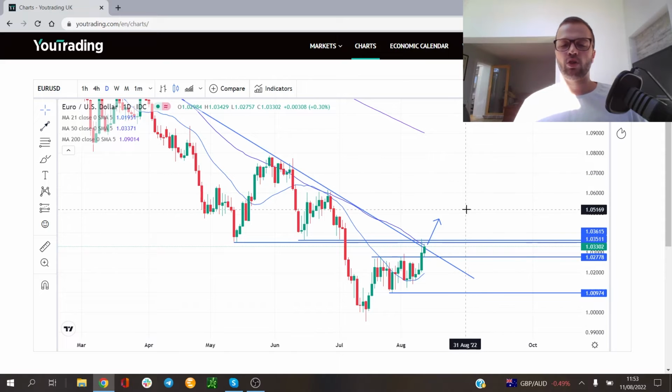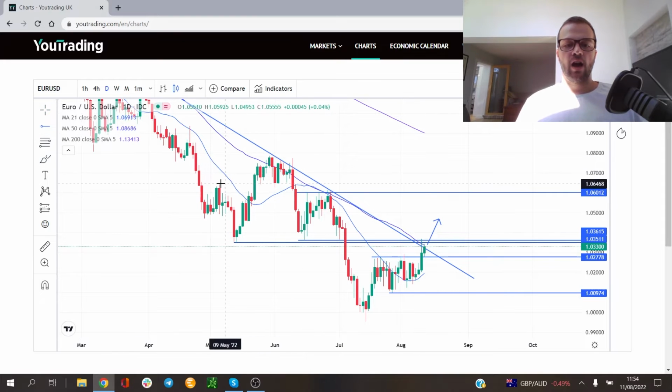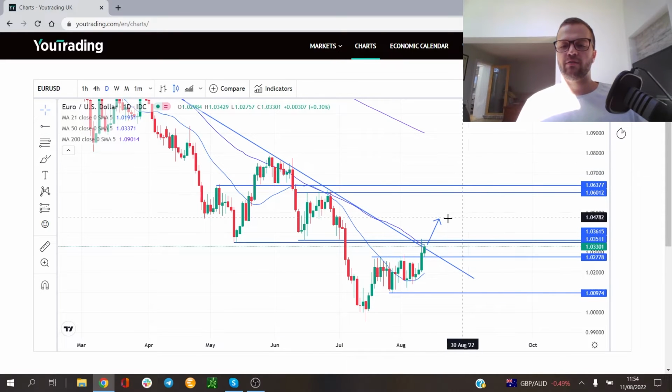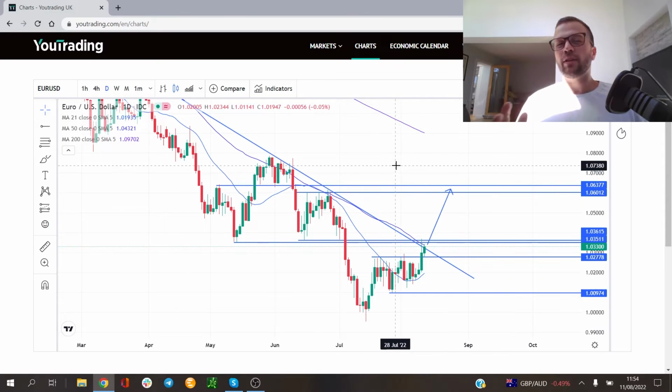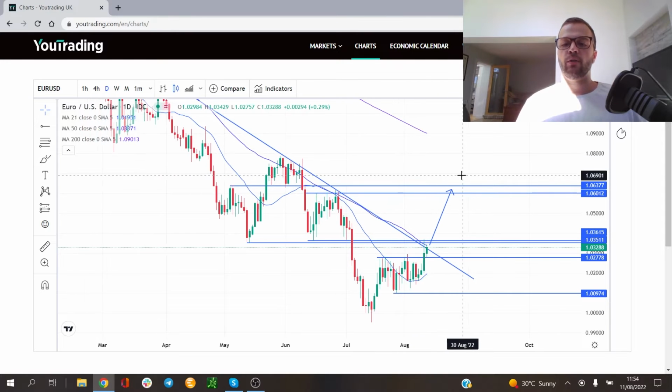So this is something I'm watching out for. The next levels you'd want to be looking at are around 106. Now, I don't think the fundamentals justify a move beyond 106, even if risk appetite is super strong. The fundamentals as they are now, I don't think justify a move beyond this area.